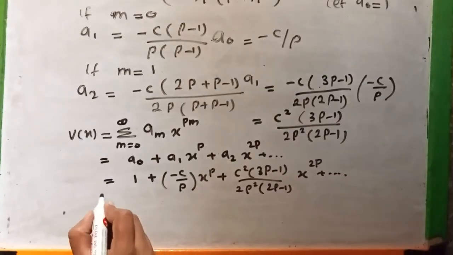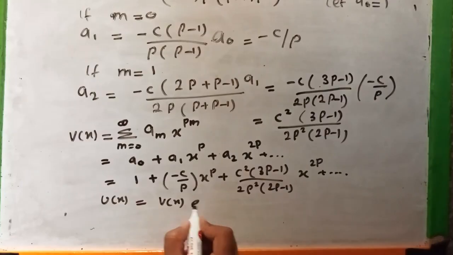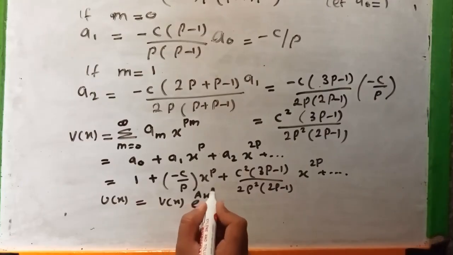And we have considered u of x is equal to v of x exponent a x raised to power p.